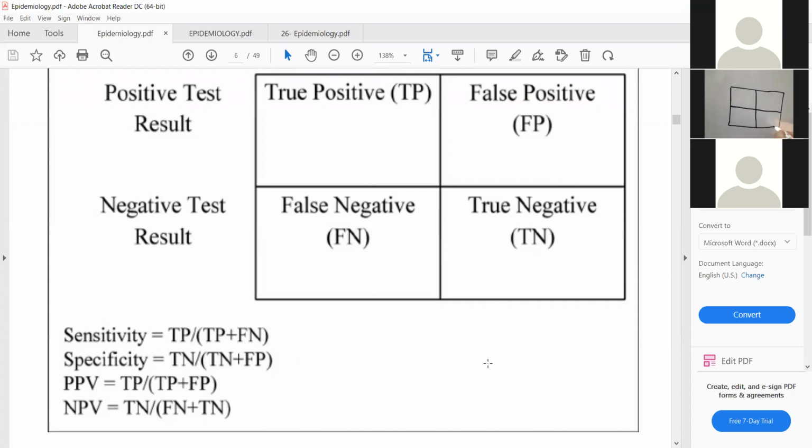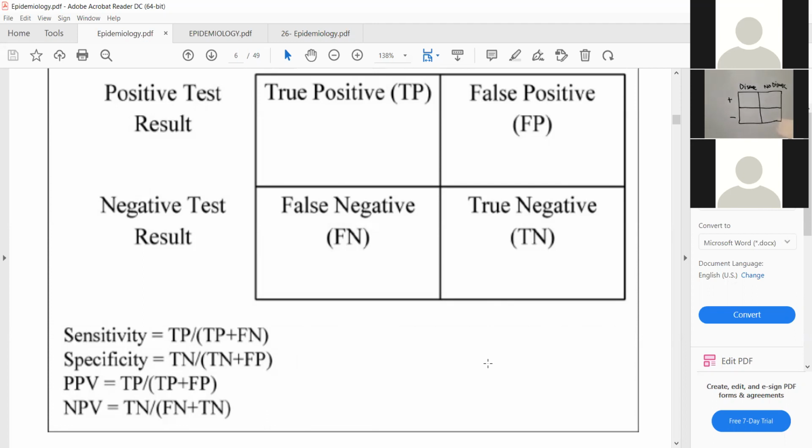This is a 2 by 2 table. Here I'll write disease, and here no disease. Here positive test result, and here negative test result.